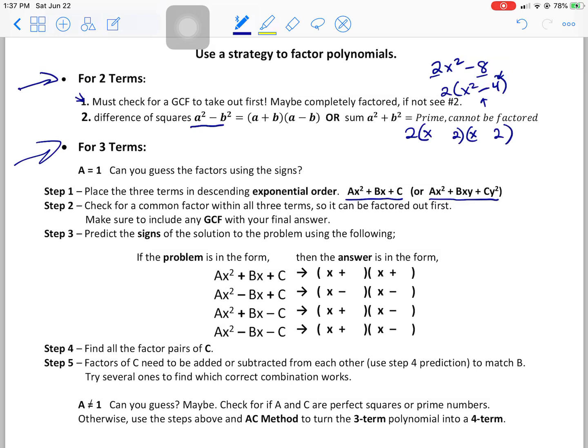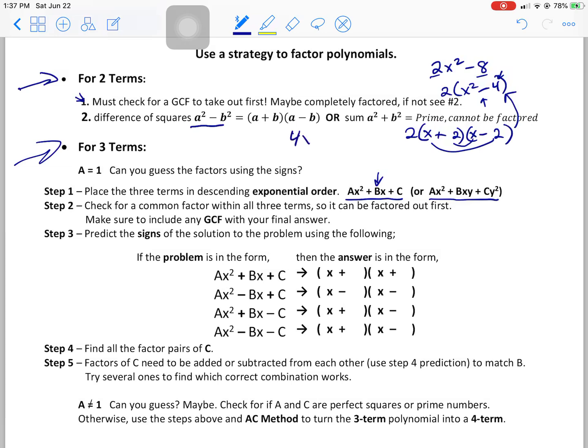And then how does the middle term disappear? Why doesn't it have a bx in the middle? It's because one of them's positive and one of them's negative, and it doesn't matter which one, but when you FOIL that back, you'll get that, because your middle 2 terms will be positive 2x and a negative 2x, so it'll disappear. So that's how you factor a 2 term.